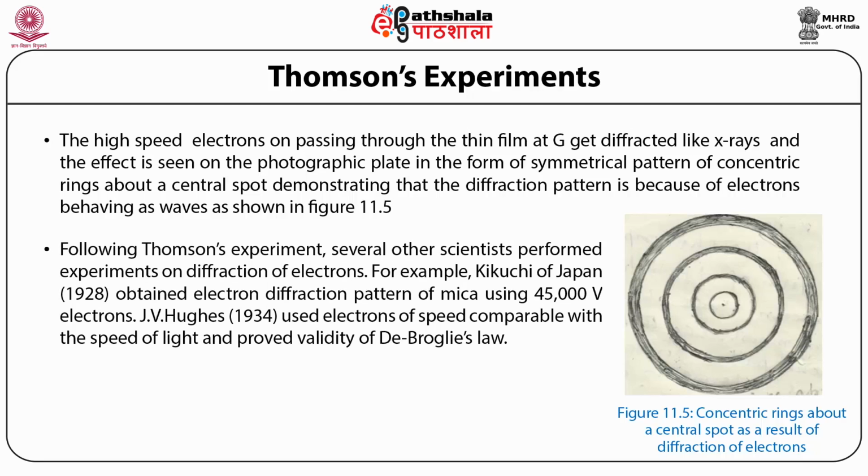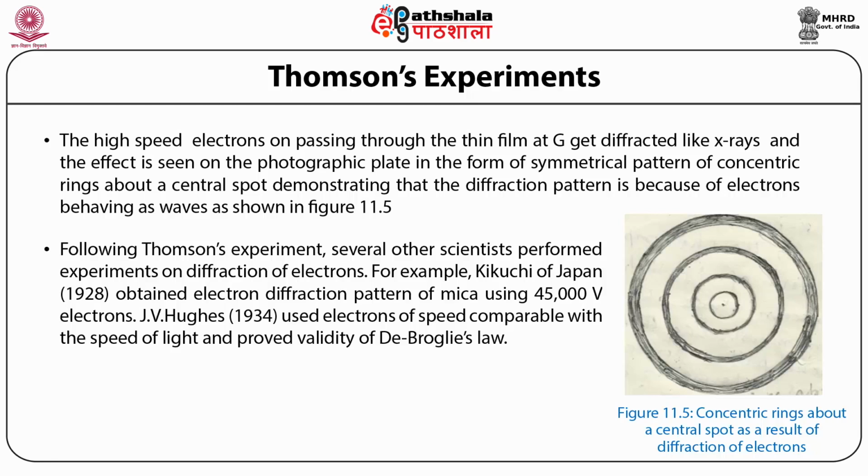Following Thomson's experiment, several other scientists performed experiments on diffraction of electrons. For example, Kikuchi of Japan in 1928 obtained an electron diffraction pattern of mica using 45,000 volt electrons.